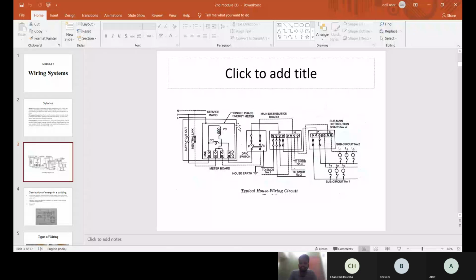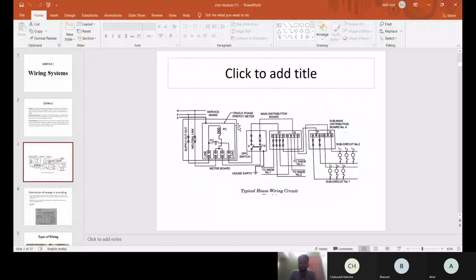Connecting such as lamps, fans, and other domestic appliances through controlling and safety devices, this is known as a wiring system. That is, a network of wires connecting various accessories for distribution of electrical energy from the supply meter to our daily home appliances like lamps, switches, fans, and other domestic appliances through controlling and safety devices.